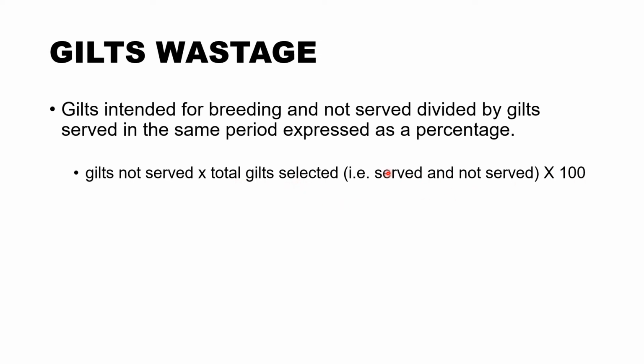Times 100 because it is expressed as a percentage. That is gilts wastage, because these gilts were not served and not bred.